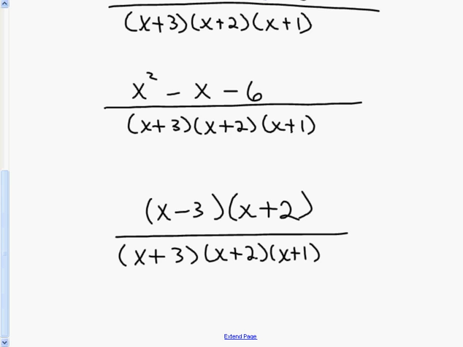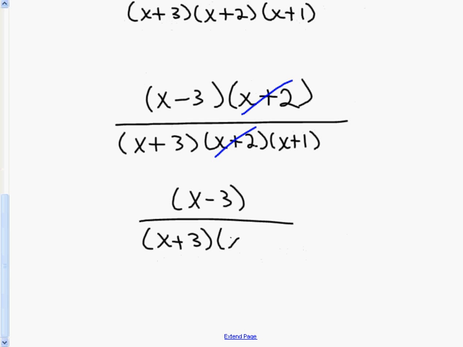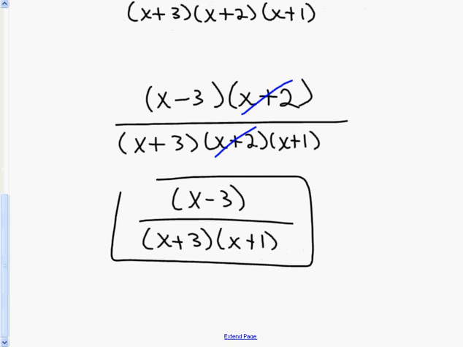Negative 3 and positive 2 will do that for me. And then I can cancel my common factors, so I can cancel my x plus 2. And that leaves me with x minus 3 over x plus 3 times x plus 1 for my final answer. Simplified completely.